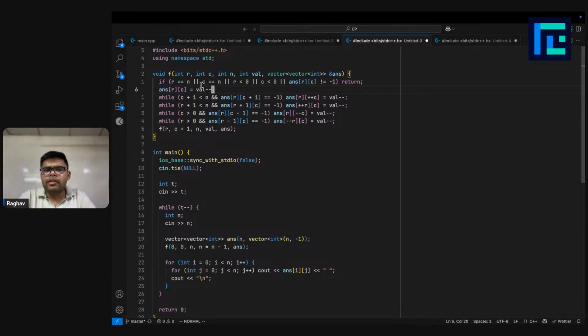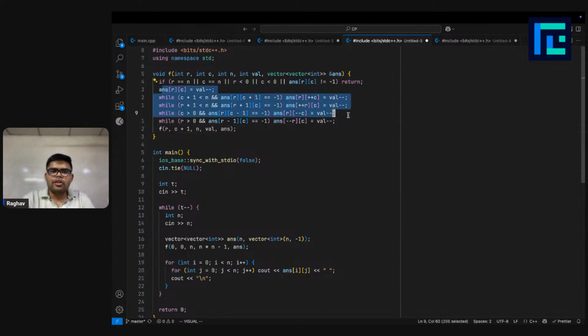Otherwise, I will give the first cell a value and then I will move towards the right, then towards the downside, then towards the left, then towards the upside, and eventually I will reach a cell which has got its value, and now I want to move on to the next layer. So for moving on to the next layer, I'm calling recursion for r, c plus 1, val and answer.